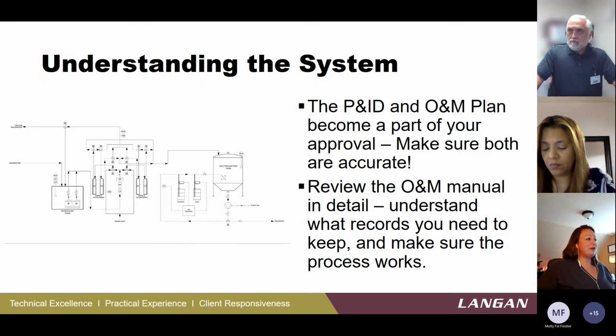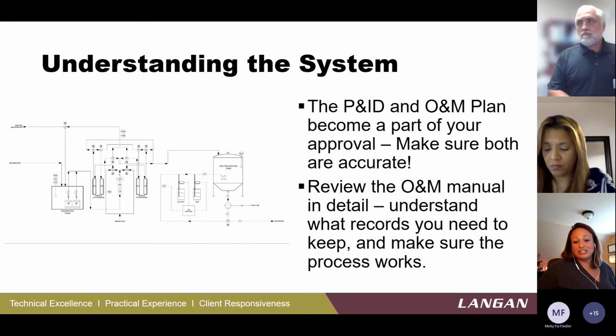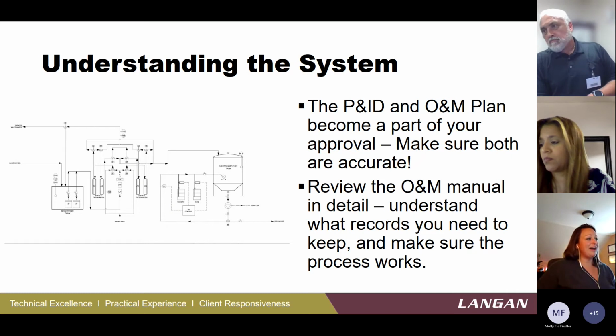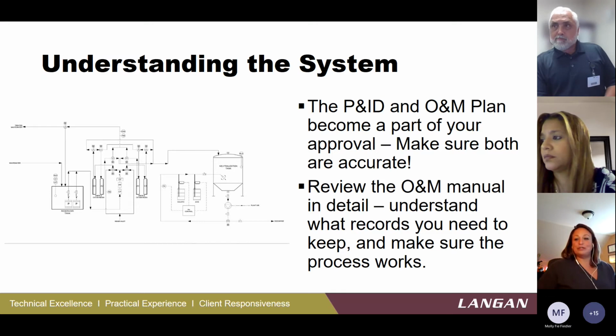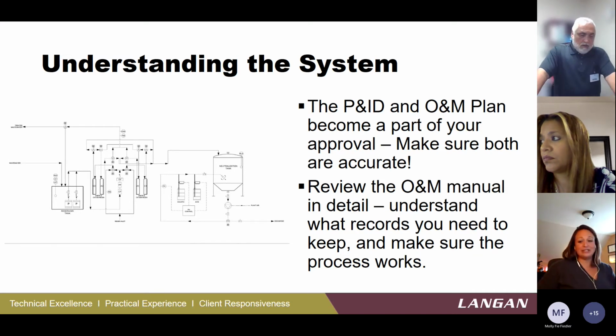And then halfway through the construction process, something changes, something gets moved, something gets modified, new drawings never go into the department, and you're operating a system that's different from that which you were authorized to operate. So this is where my line earlier applies: your application becomes your authorization, right? If it's in your application, it essentially is in your permit. Make sure that everything is correct, that it's ground truth, and that you have as-built conditions.